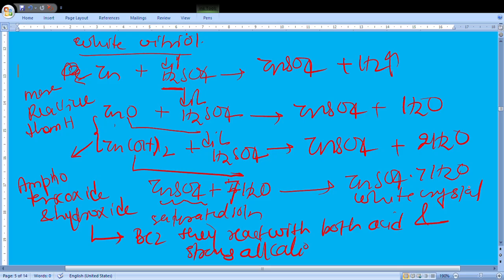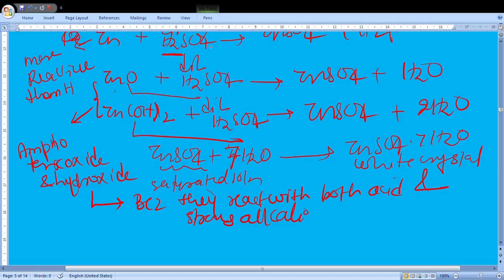Then the question arises here: why do we not take concentrated here? If we are able to prepare ZnSO4 from dilute H2SO4, then no need to take concentrated H2SO4. And if concentrated H2SO4 is taken, then the reaction will be changed. As I told you, in case of Cu, concentrated H2SO4 was used and it was an oxidizing agent.